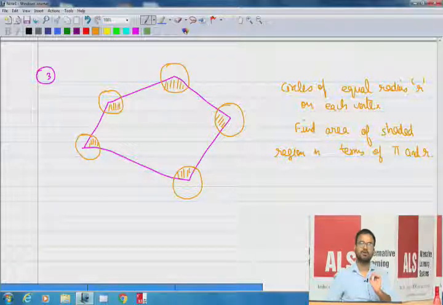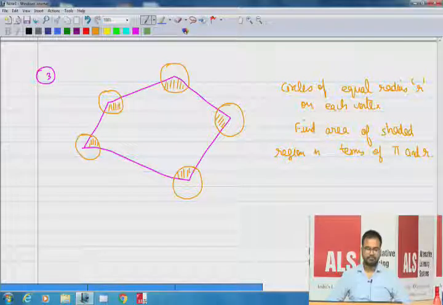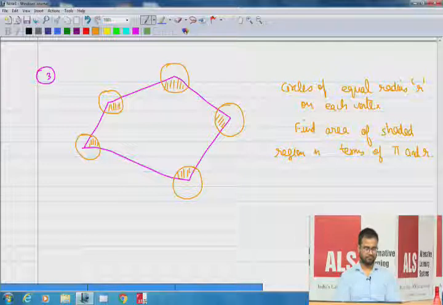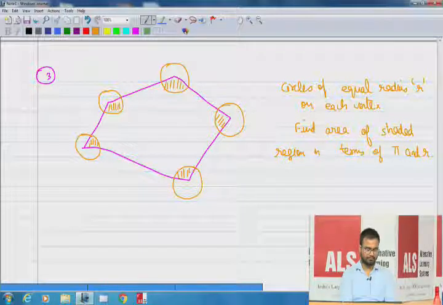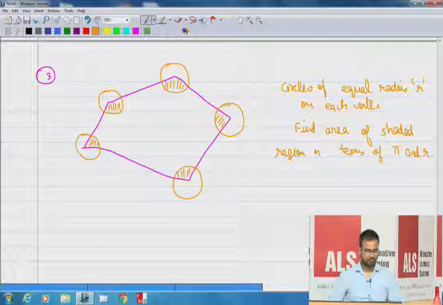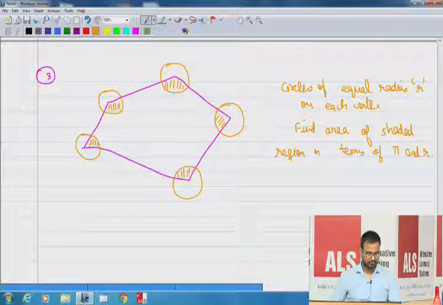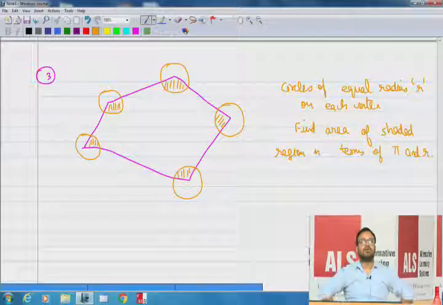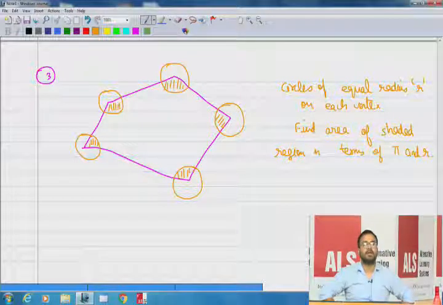It's a very logical question, not so difficult. Try to use the concept of the sum of internal angles of a polygon.